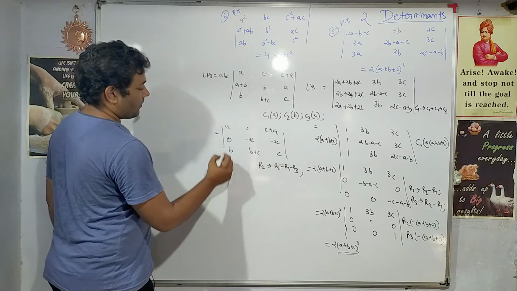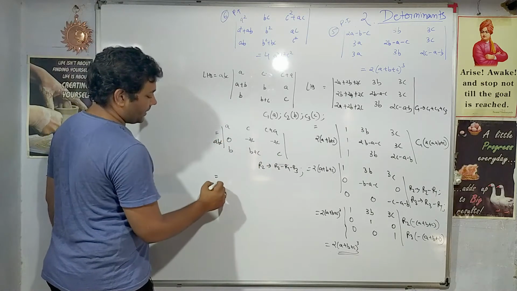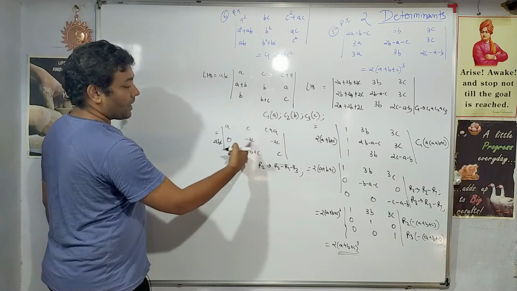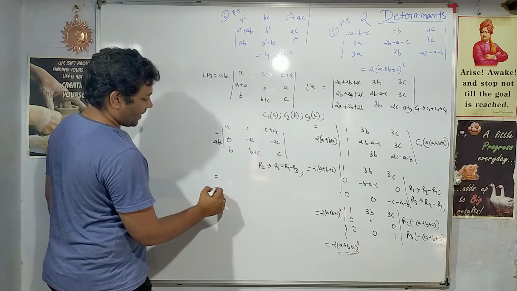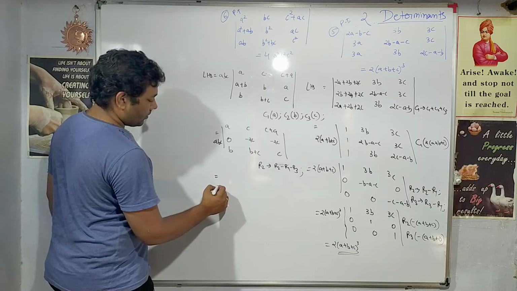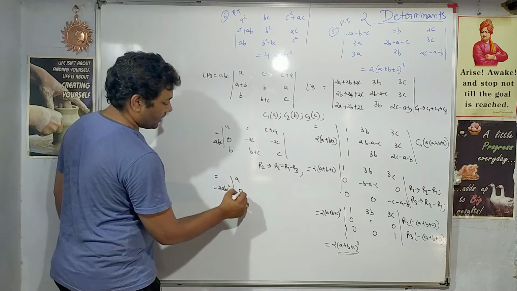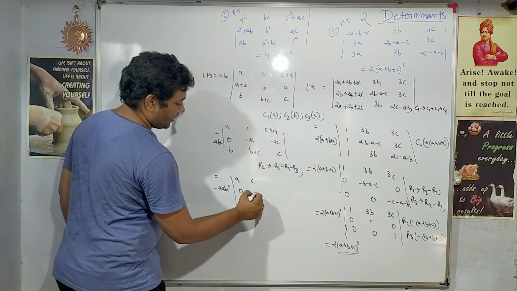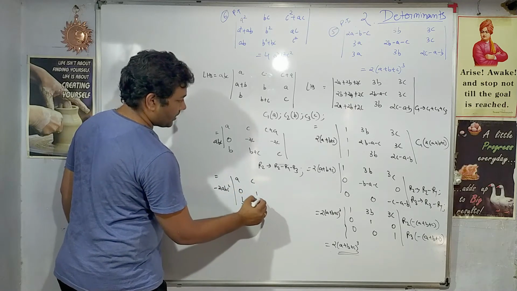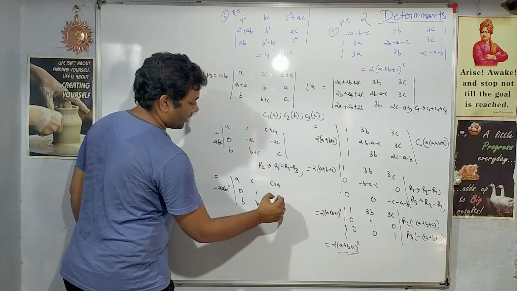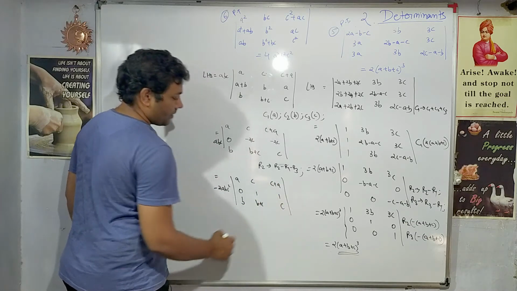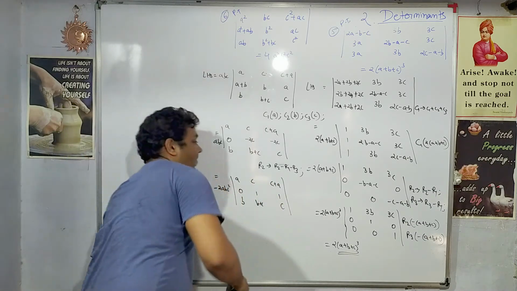So now already I had ABC. Now again I have minus 2C common, so I can take out minus 2C common. So A, B, C square I got, remaining is A, 0, B, C, 1, B plus C, C plus A, 1, C.